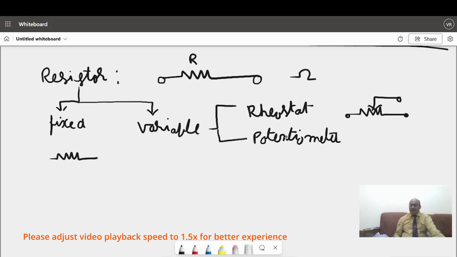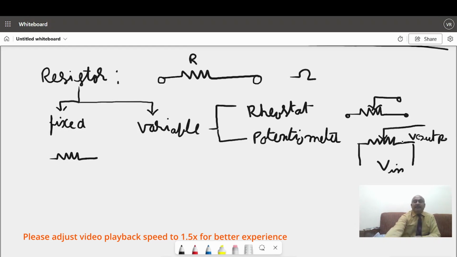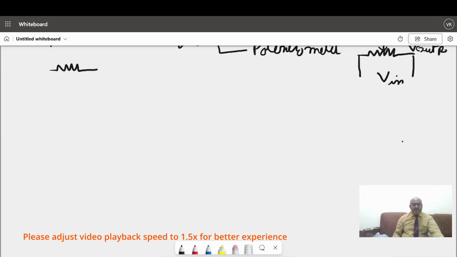If a three terminal device is used for controlling potential levels, it is commonly called a potentiometer. The same device can be used, but here we apply the voltage input and take the voltage output from two points. The same rheostat can be used as a potentiometer. Based on the application only, the name is given.